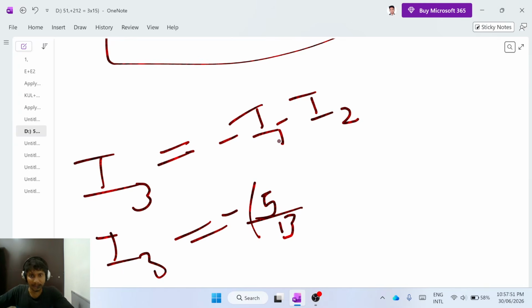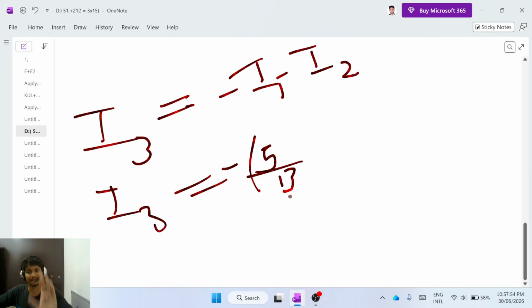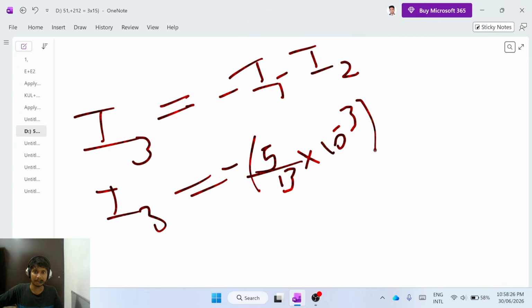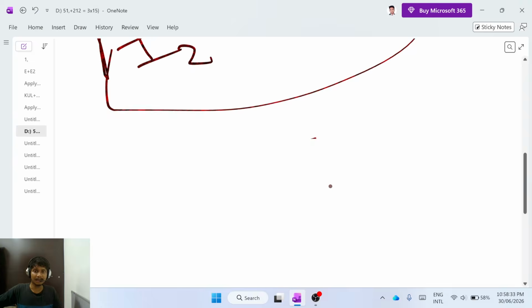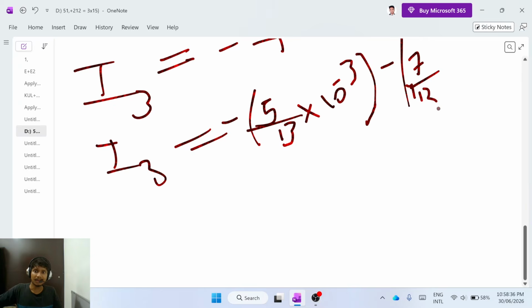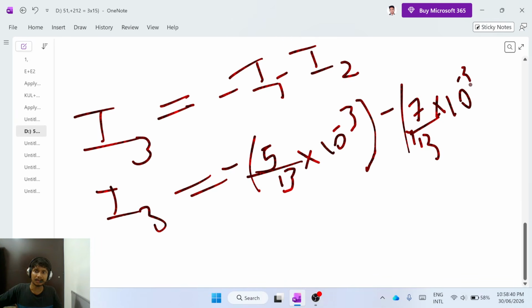I have already told you, if you want to substitute anywhere, you must use this 5/13, not the decimal number. 5/13 is exactly the same answer. So minus 5/13 into 10 to the power minus 3 minus I2, and I2 is equal to 7/13 milliampere.